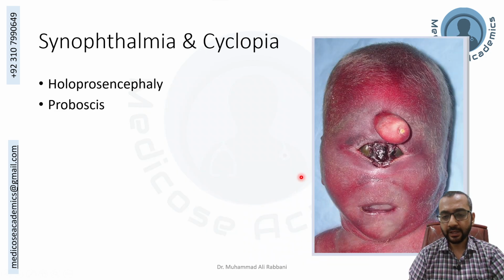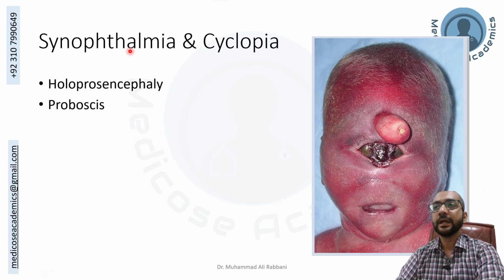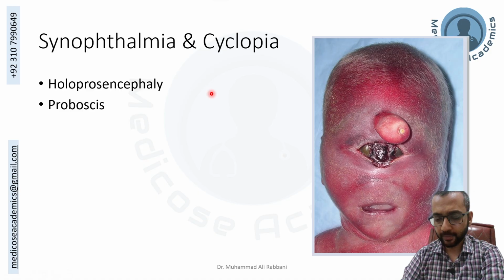Synophthalmia and cyclopia. Synophthalmia means fused eyeballs and cyclopia means a single eyeball, and this is a midline defect. You must have studied this in the initial chapters of general embryology or in the neural development of the nervous system.